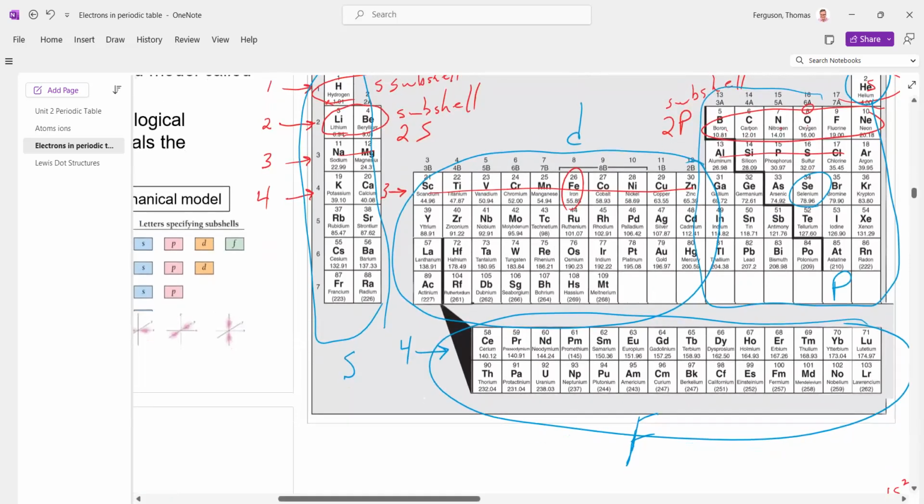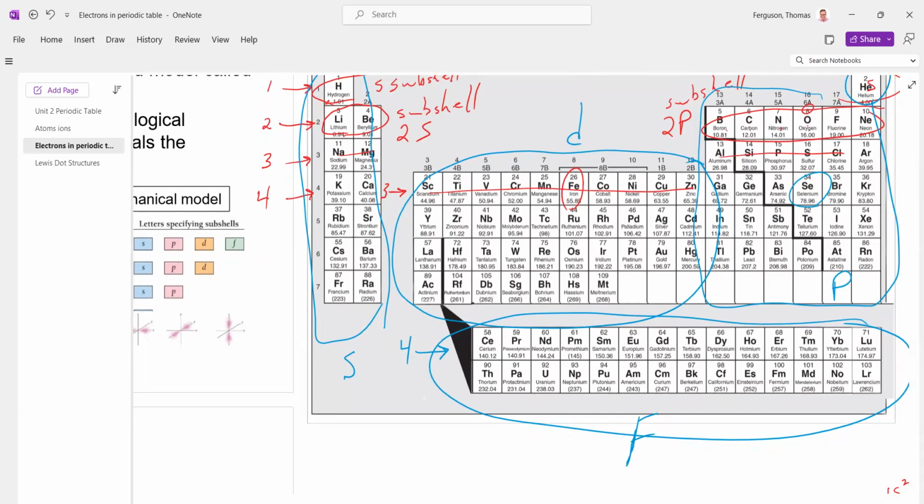She said, okay, let's look at selenium again here. If we were to start at the top left of the periodic table on a journey, as we went along, we write down the electrons we run into. So if we start up here, that's shell number 1.